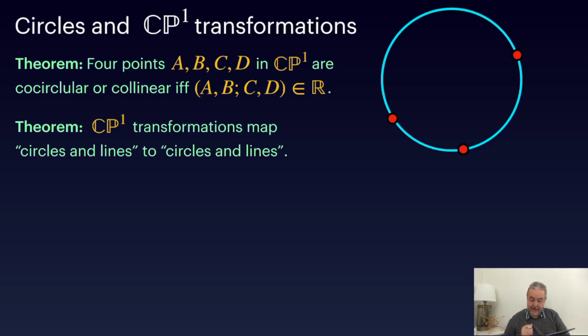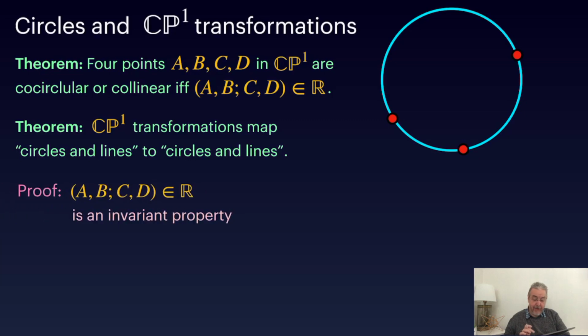And for understanding that, first observe that 3 points uniquely define either a circle, or if the 3 points are collinear, a line. And now take the images of these 3 points and use the fact that the cross ratio being real is a projectively invariant property.